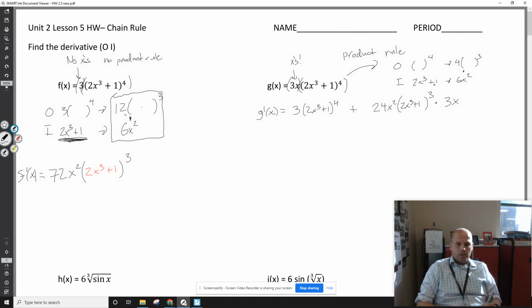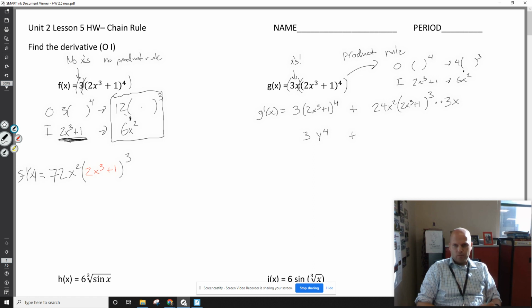Okay? Now we could leave this if we wanted to, but we will see later in the lesson, later in the homework, sometimes it's helpful to factor this. And when you factor this, you will be able to set up a product to solve certain equations. We'll keep the factoring to the later questions. But essentially what we do is we think of this as being like a y.